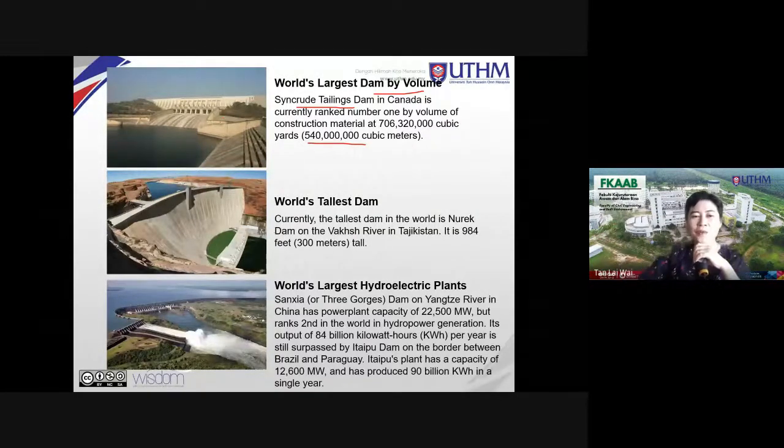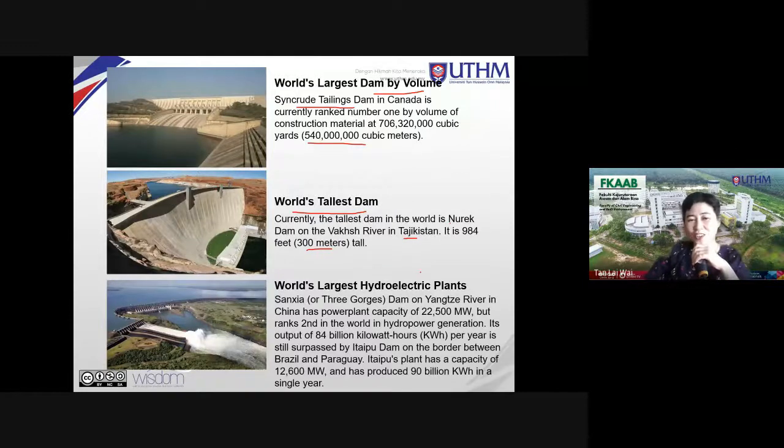Now, the world's tallest dam is the Nurek Dam, which is in Tajikistan. This is 300 meters tall. It's very tall, right?